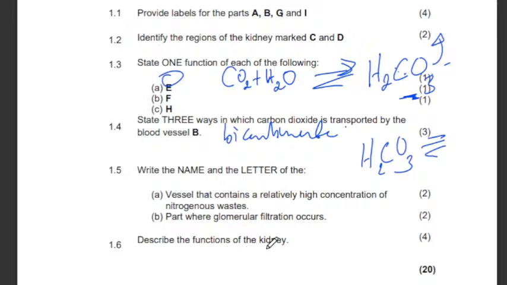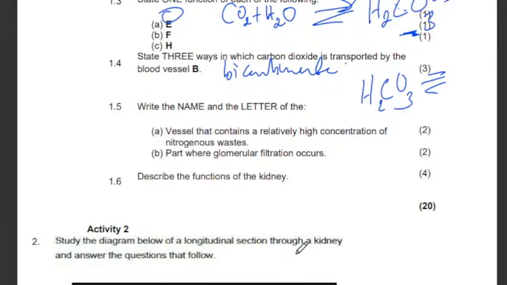Describe the functions of the kidney. They are not asking you to describe the functioning of the kidney. They're asking you to describe the functions of the kidney. So in this case, as we talked about, you can talk about excretion. You can talk about osmoregulation.